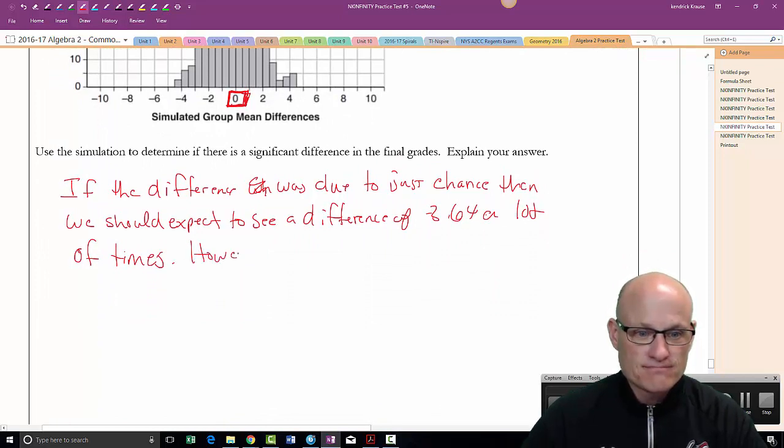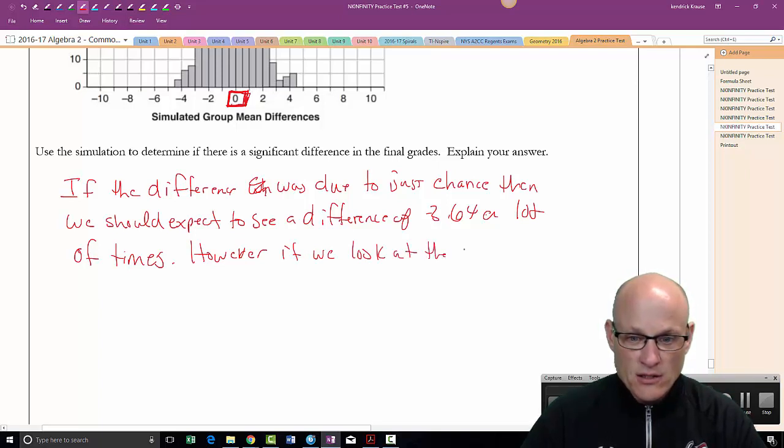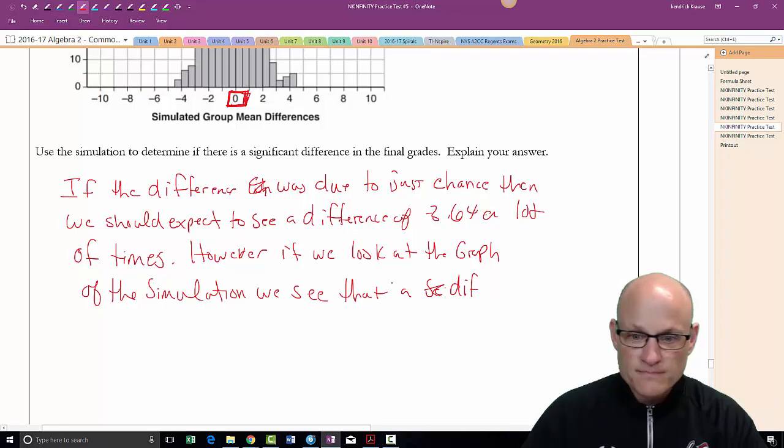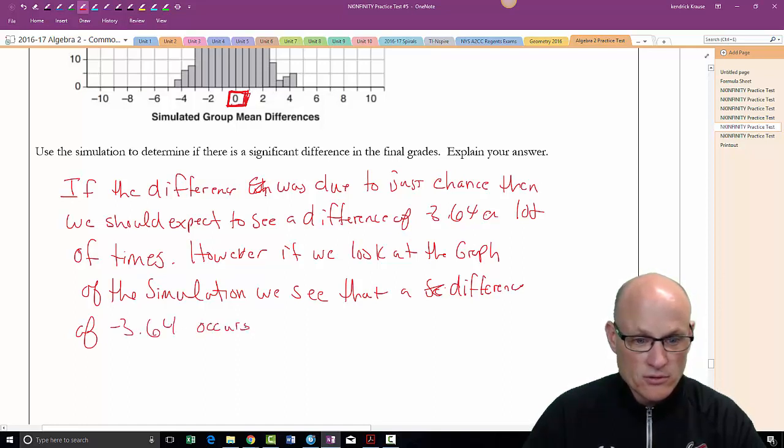However, if we look at the graph of the simulation, we see that a difference of negative 3.64 occurs in only, well, how many?